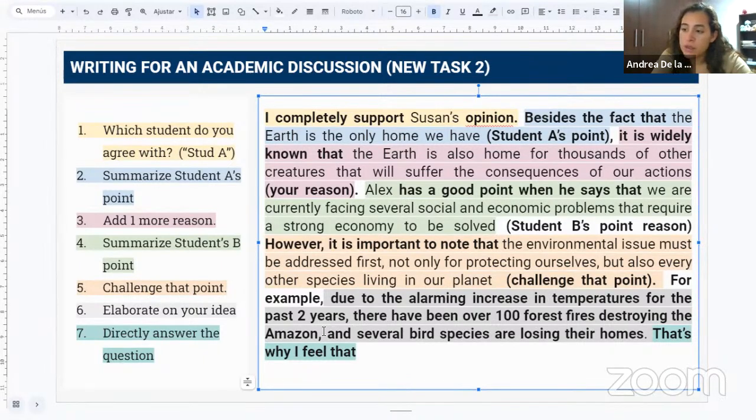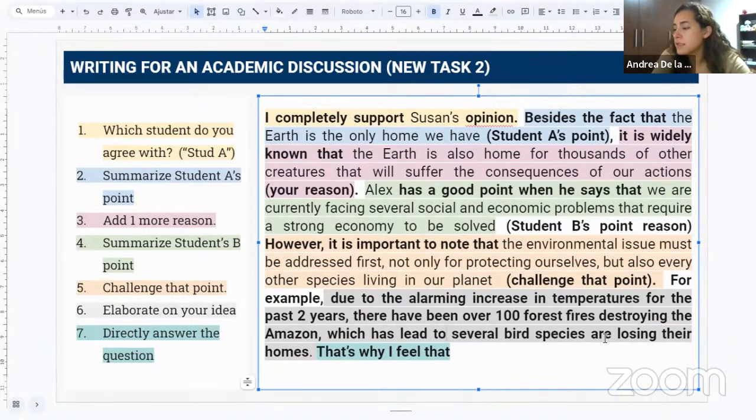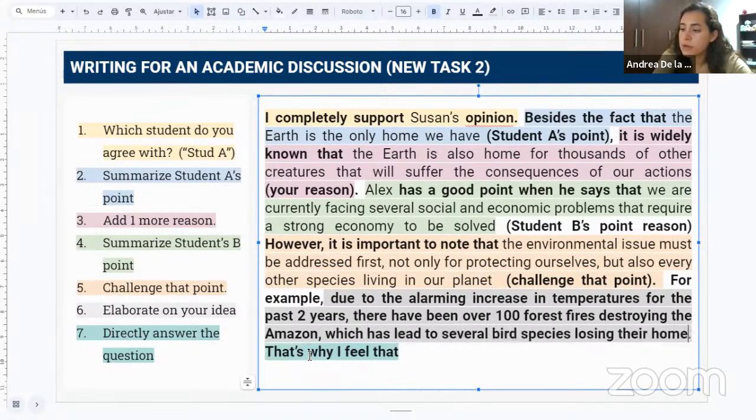which has, let's say, which has led to several bird species losing their homes. Okay, I would leave it there, maybe even say how many of them have become extinct, no? We can say something like that: which has led to several bird species losing their home.